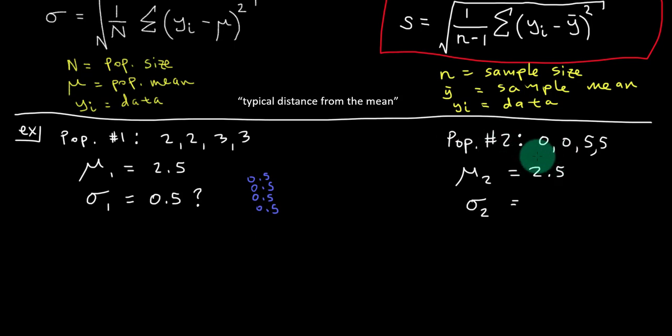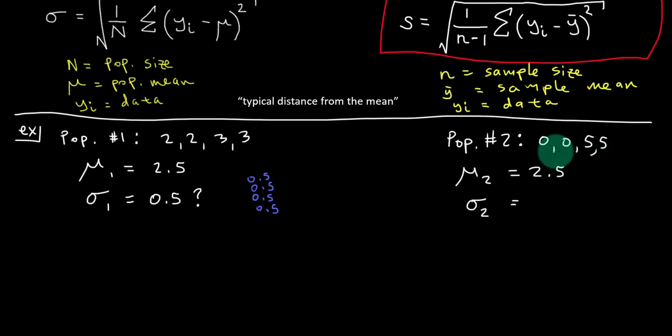Now, before we start going through this little rigmarole, does the second population appear to have more spread or less spread than the first population? It's more spread out, right?